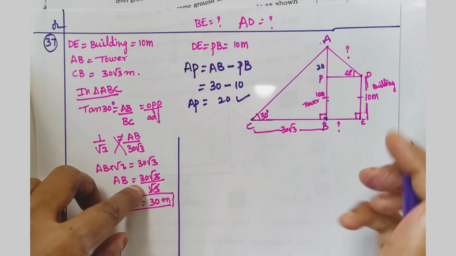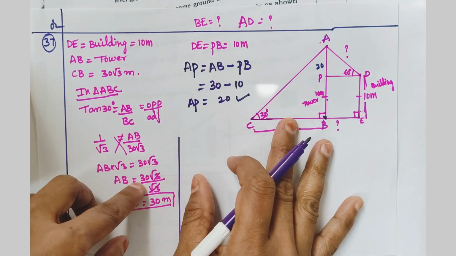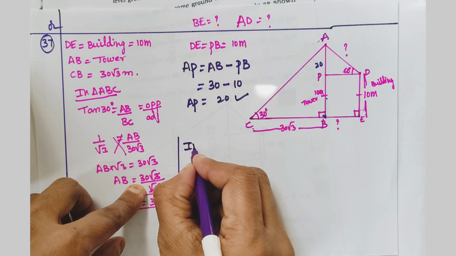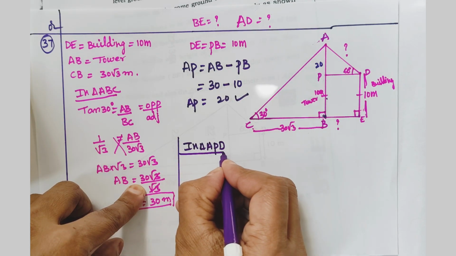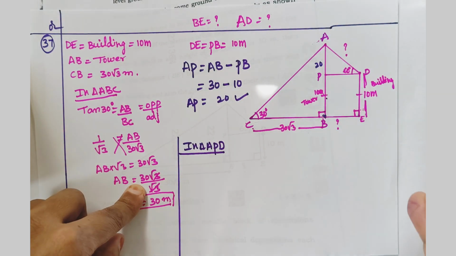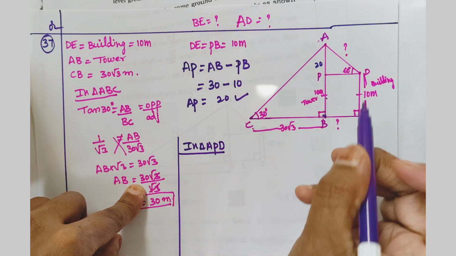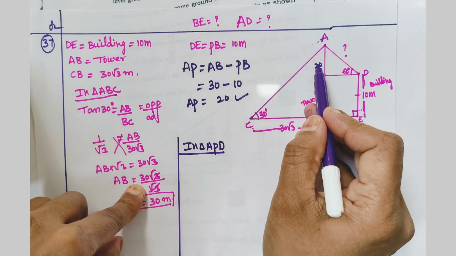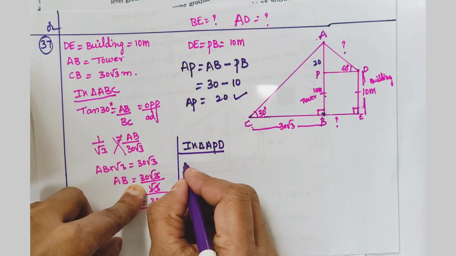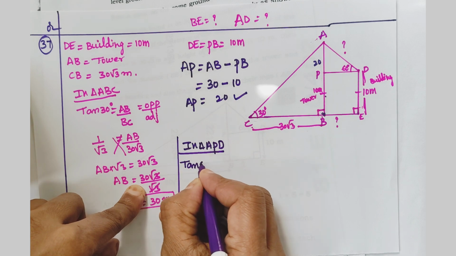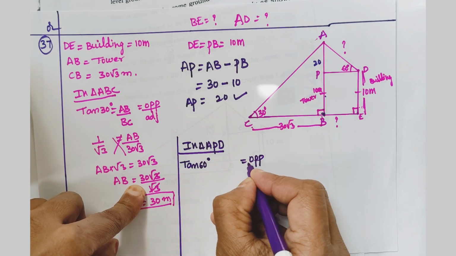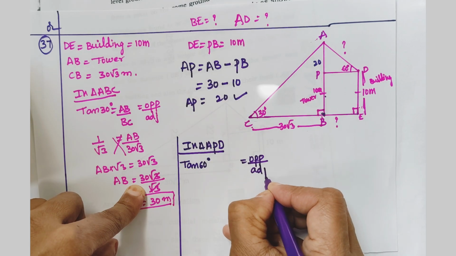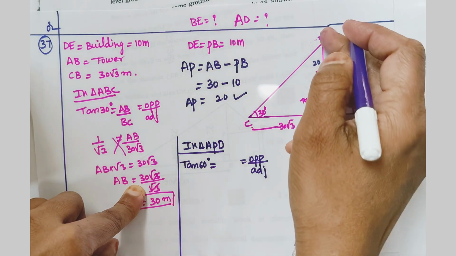Now which triangle will we take? APD triangle we will take. Now see here, in triangle APD, here we will take tan 60. Tan means what? Opposite by adjacent. What is the opposite?